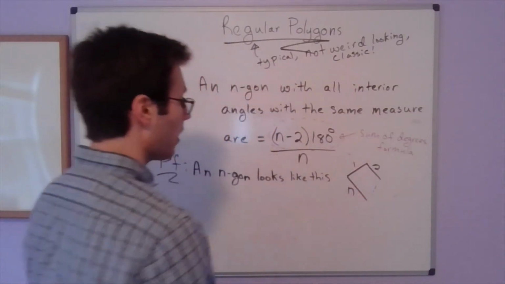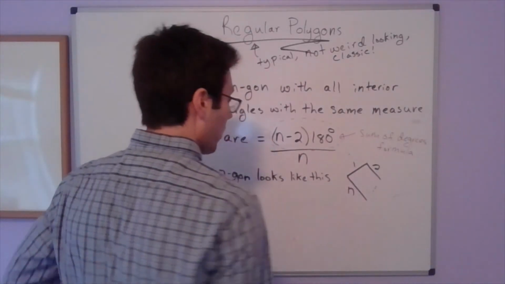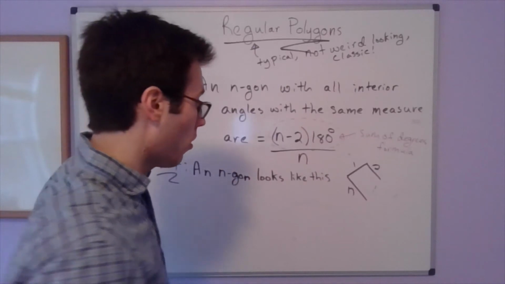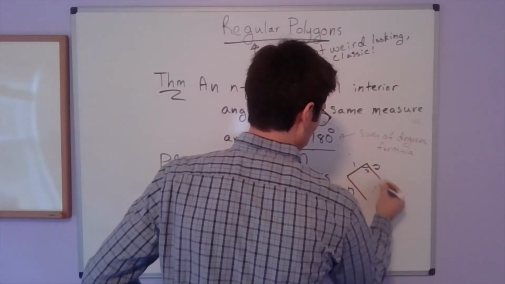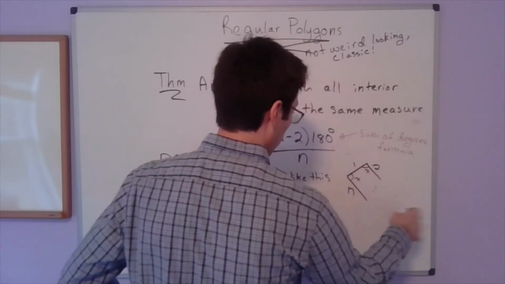We count the number of sides, so it looks like that. Now, we know that here, all of the interior angles are going to be the same. So we call this x. This would also be x. This would also be x. This would be x. This would be x. So they'd all be x's there.